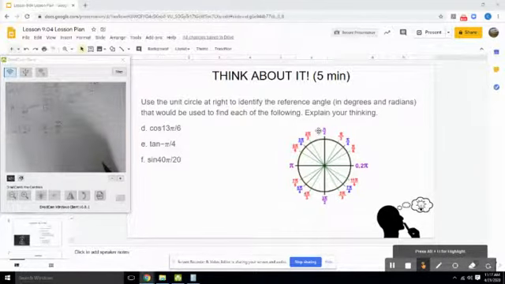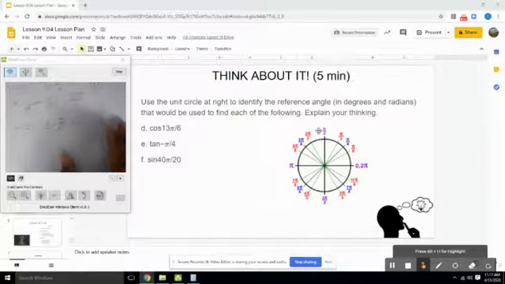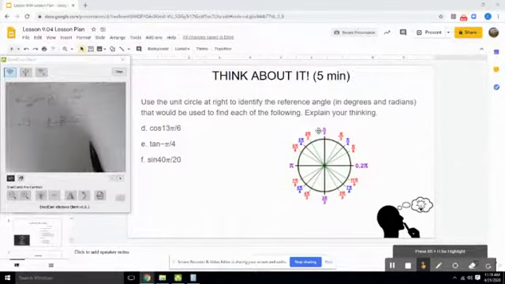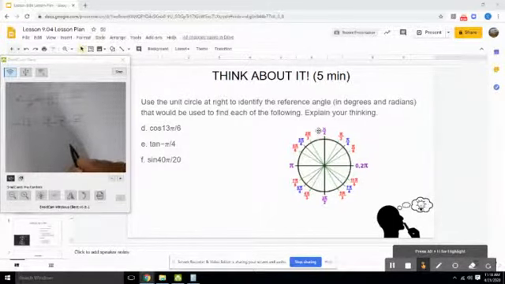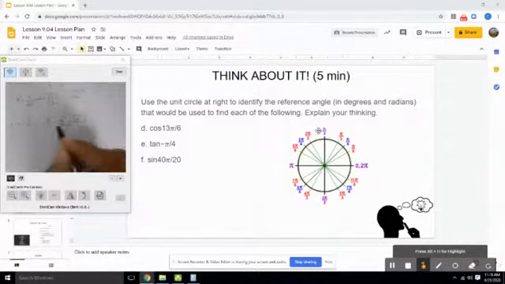Okay? Now that we know that our reference angle is going to be 45, we need to change that into radians. Okay? So to change this into radians, we know that this would be 45, and the radians is already given.